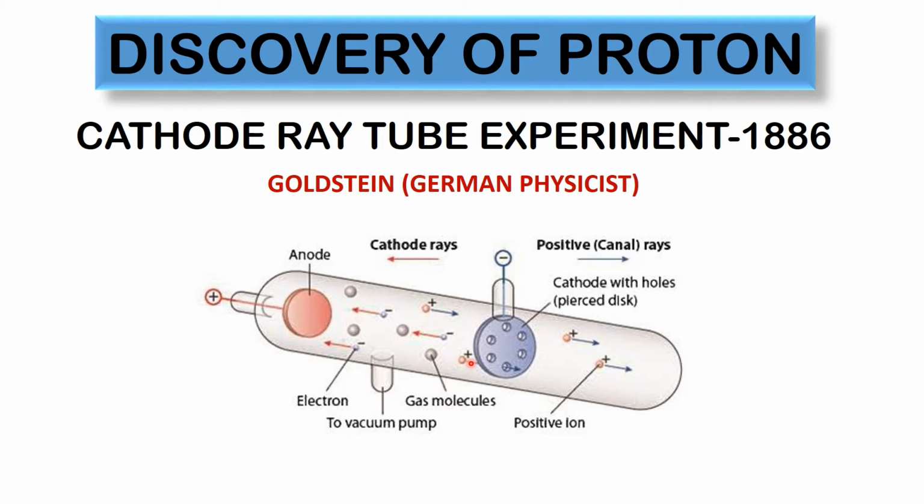Now, Goldstein observed that when we have a gas at a very low pressure inside this cathode ray tube, the rays that are emitted from the cathode strike the gas molecules and ionize them. So the neutral gas molecules are converted into ions, and these are positive ions.